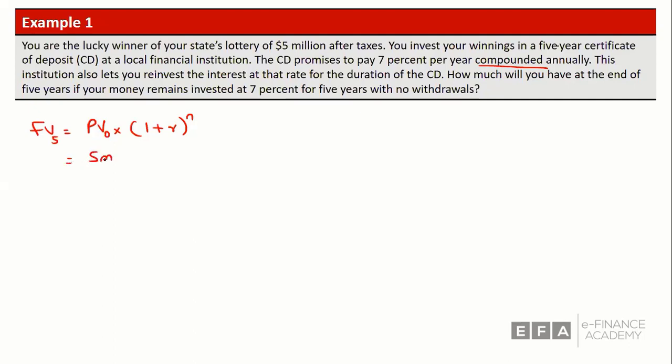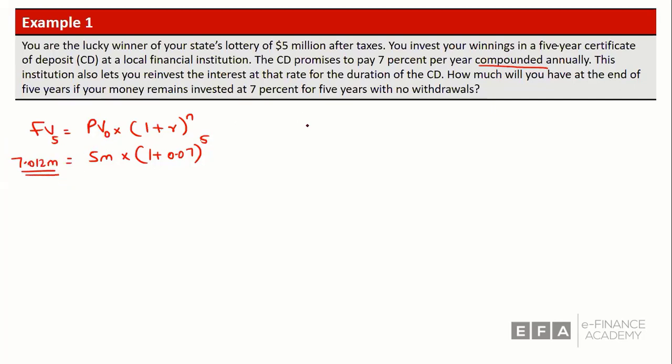We don't care about the negative sign if we're doing it manually, times 1 plus r, which is 7%, to the power of n, which is 5, and your answer is 7.012 million.